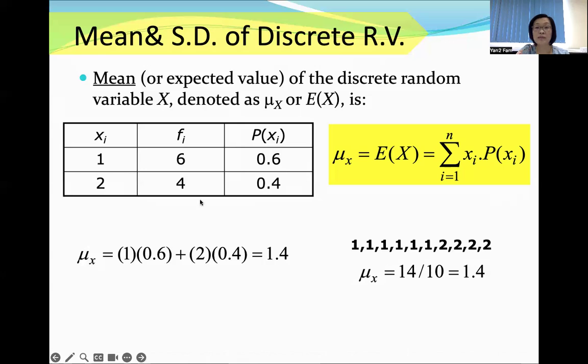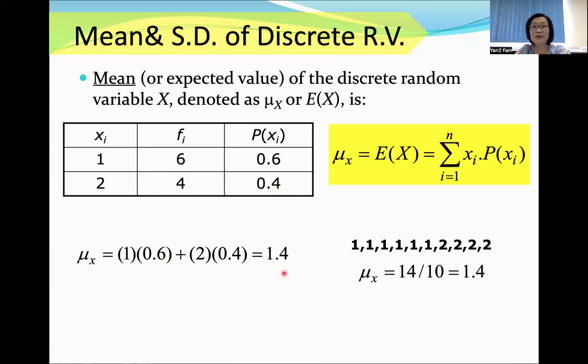So in order to get the mean, it's the sum of xi times P(xi), can you see this? And you sum all of them together, like this one. Xi is 1, okay, P(xi) for 1 is 0.6, plus 2 times 0.4, and that is the total value.